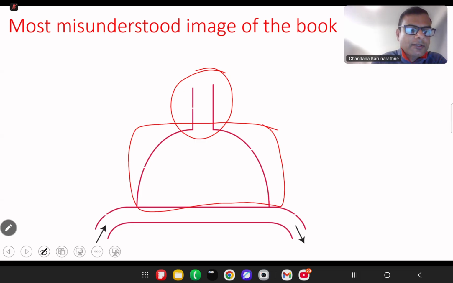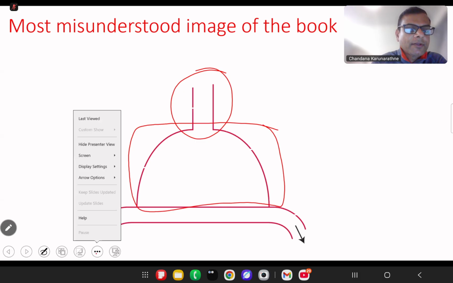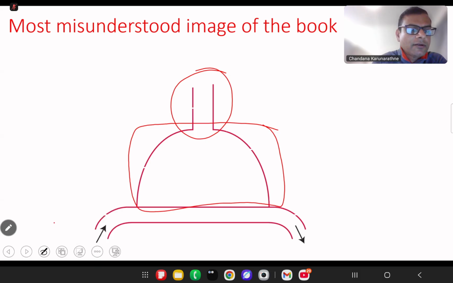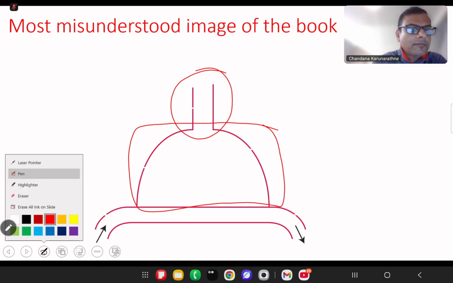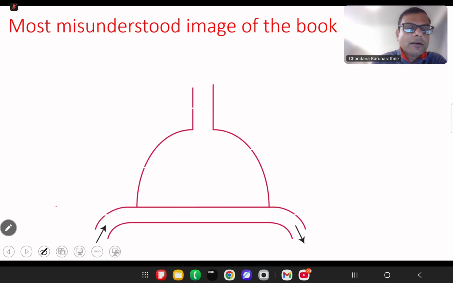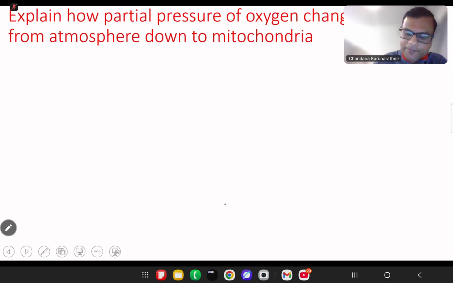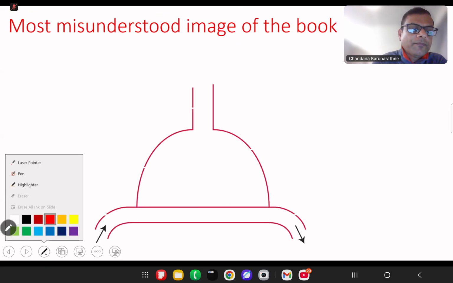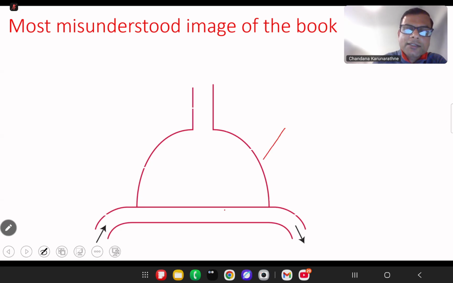Let's erase all this. What is this membrane over here?